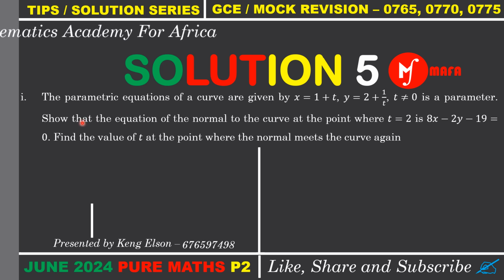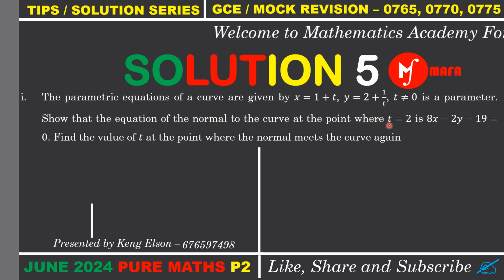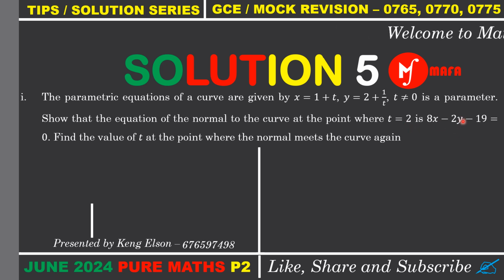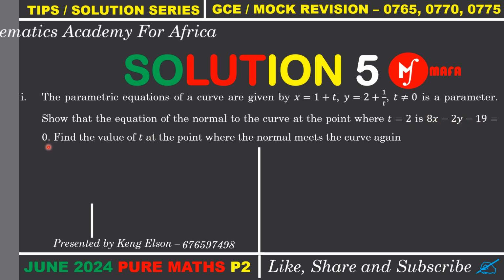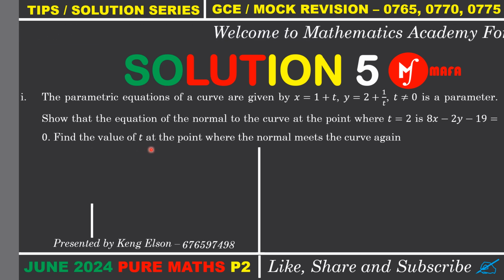Now we need to show that the equation of the normal to this curve at the point when t is equal to 2 is given by 8x minus 2y minus 19 equal to 0. Then we find the value of t at the point where the normal meets the curve again.